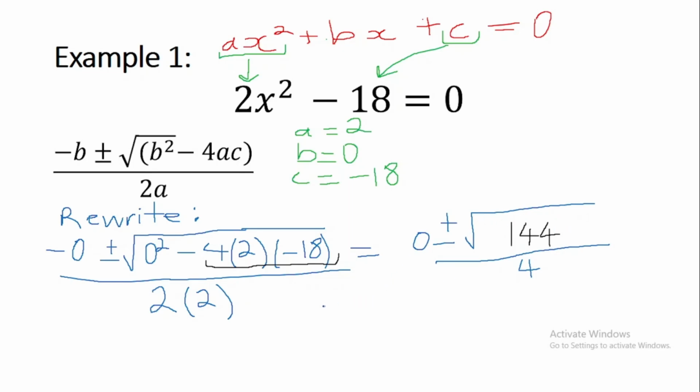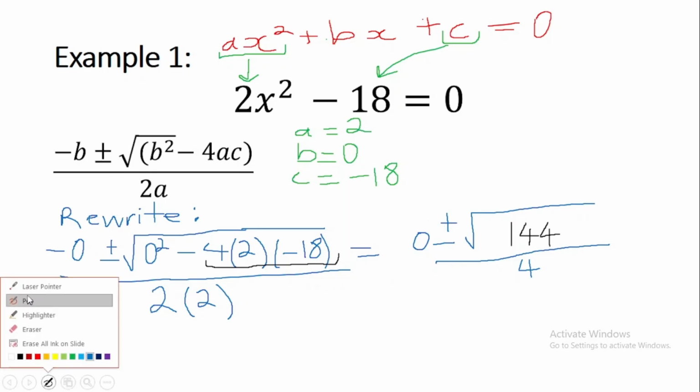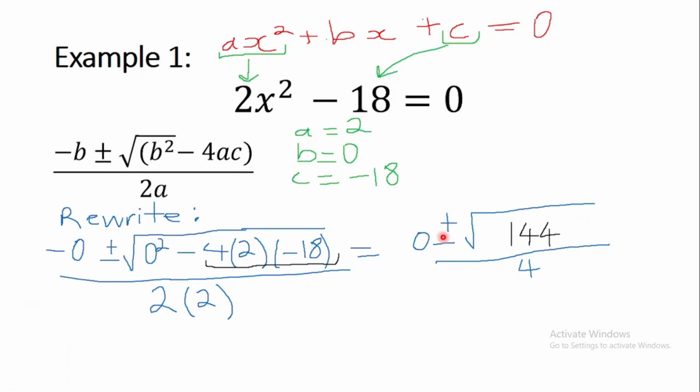So this is where the sign right here comes into play now. So I told you that this sign right here is very important. The plus or negative, we're going to have our plus or minus 12 over 4.